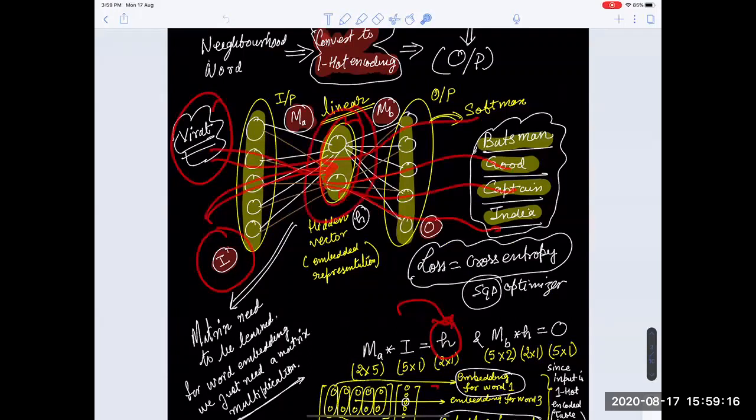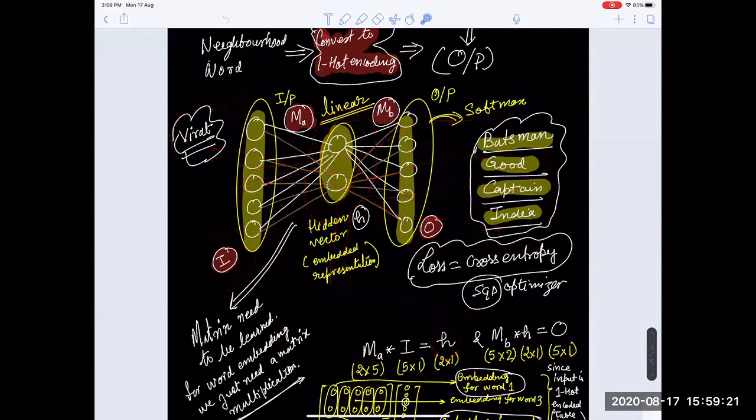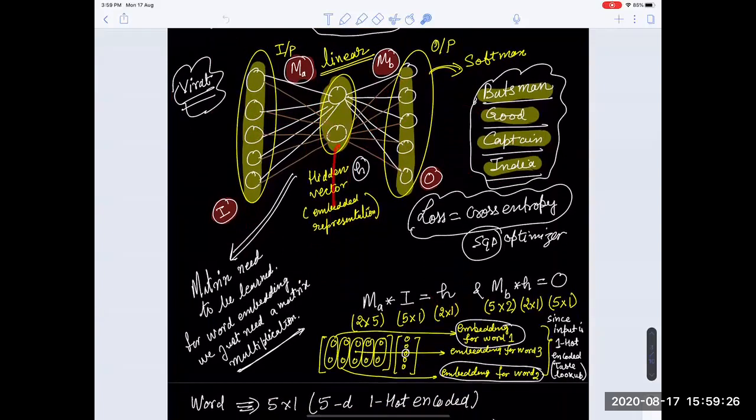So this is going to be the hidden representation of my world. MA is nothing but a matrix, and when it is multiplied with a 0, 1 or any one hot encoded vector, it will just select certain columns. So if it is the fifth element, the fifth element's vector representation is this one. In this way, the one hot encoding is working.